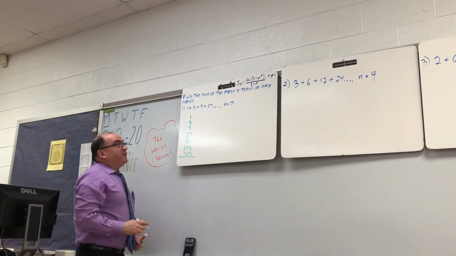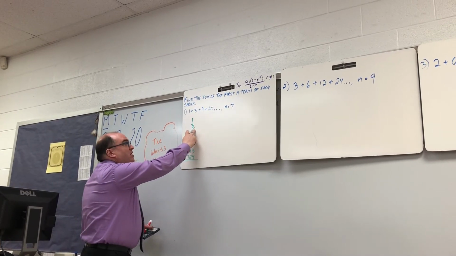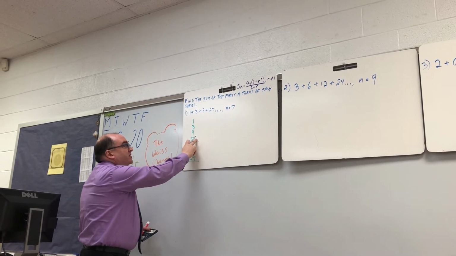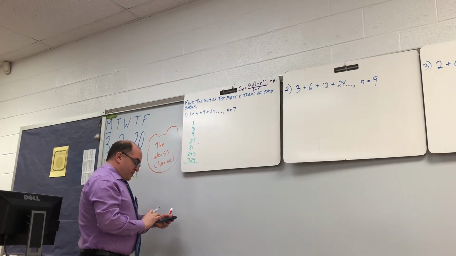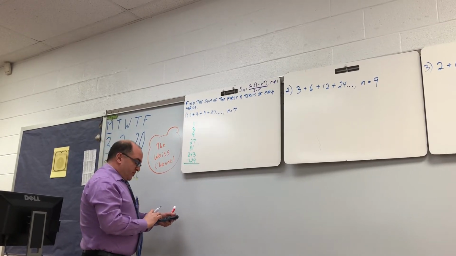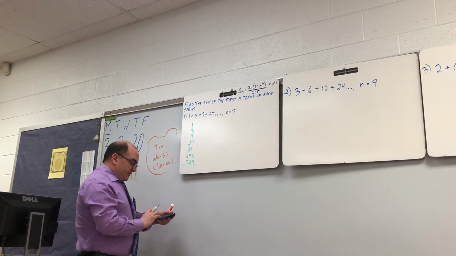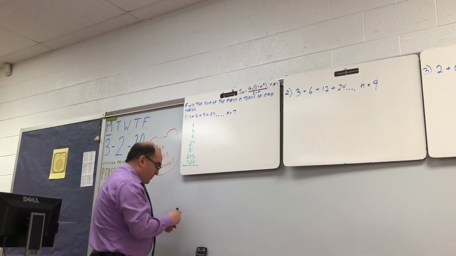Now, if you add those all together, 1 plus 3 is 4, 4 plus 9 is 13, plus 27 is 40, plus 81 is 121, plus 243 is 364, plus 729 equals 1,093.